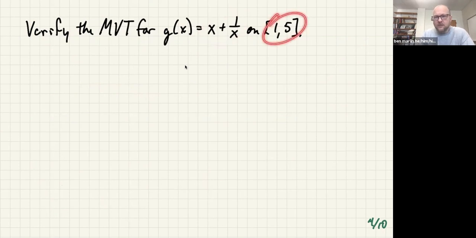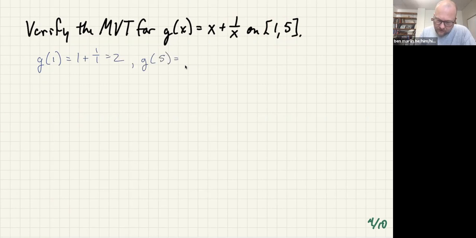But fortunately, we've chosen an interval from 1 to 5, and that means that we do have it being continuous there. So we're going to take g of 1, and that'll be 1 plus 1 over 1, which is 2. And we're going to take g of 5, which is 5 plus 1 over 5, which I'll write as 26 over 5.